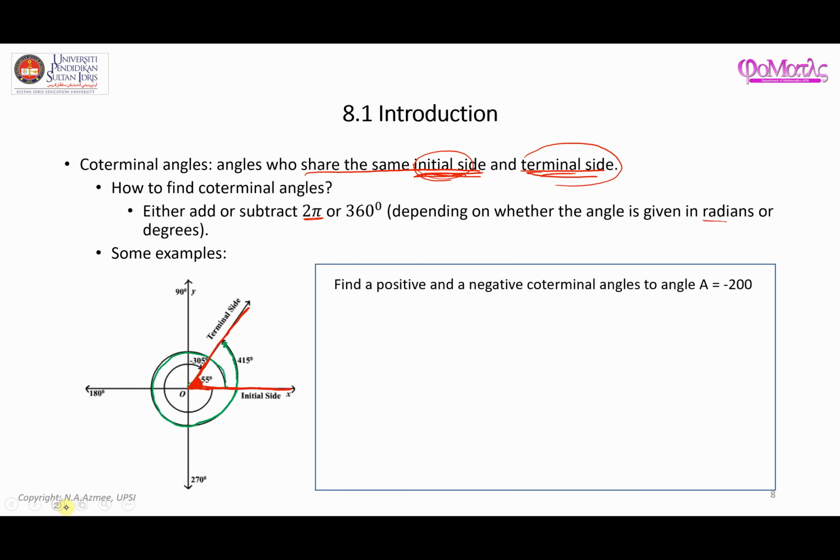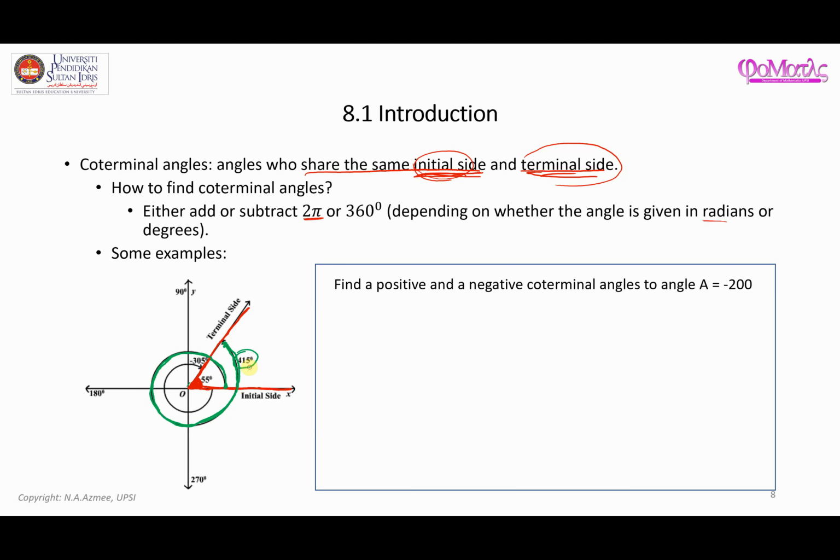Therefore, the coterminal angle is the angle that shares the same initial side and terminal side. For this one, it starts from the same initial side and goes downwards, completing a circle, and goes on some more, and it stops at the same terminal side. The angle here is 415 degrees.